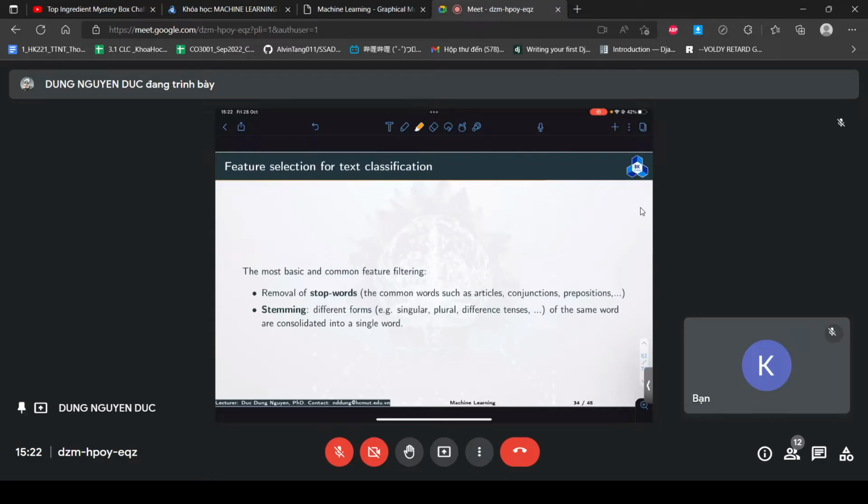However, I still believe that removal of stop words is not a very good idea. Of course, in the old days, like 20 years ago, this may work because you don't have deep learning in hand. So doing this may reduce a lot of complexity in your data and it helps you a lot.